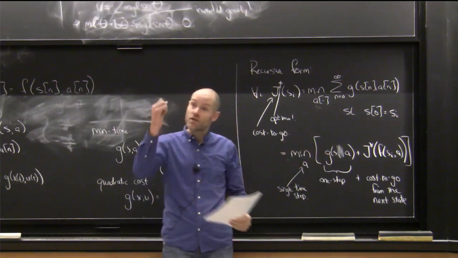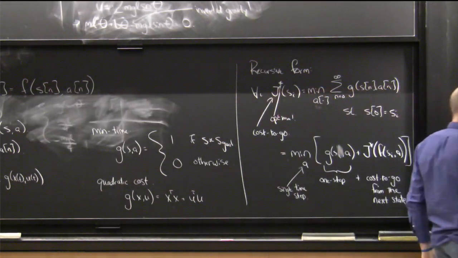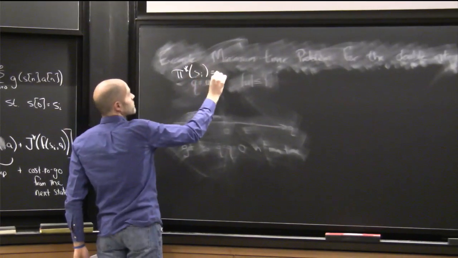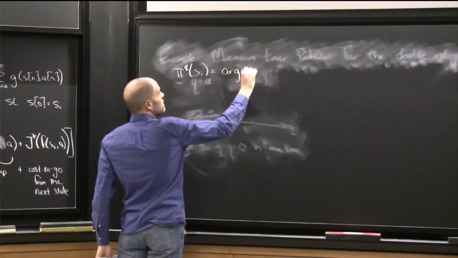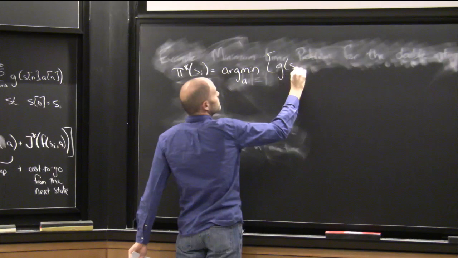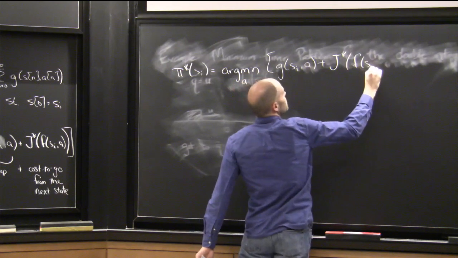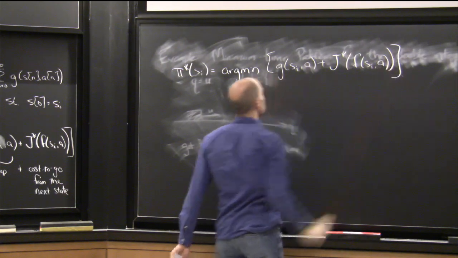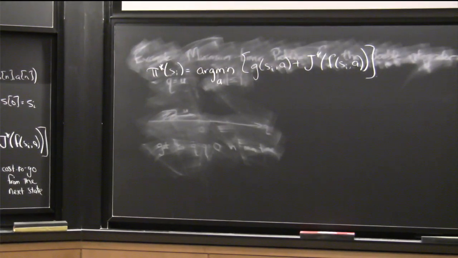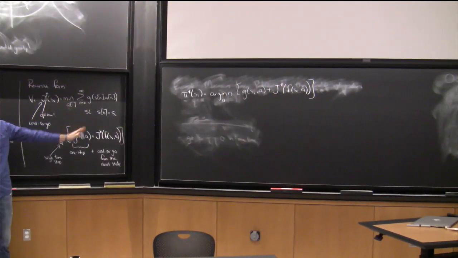If it does, then I've certified that that cost to go function is an optimal cost to go function, and then my optimal policy is just the arg min over a. It's the a that minimized this, right? If I've given you a policy and a cost to go function, then you can certify that it's optimal. It's just a check, okay?